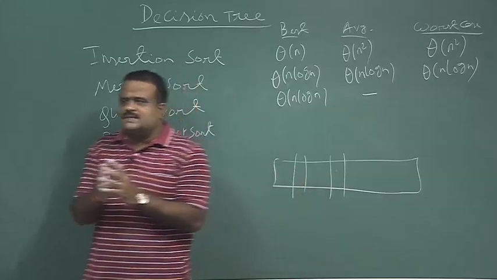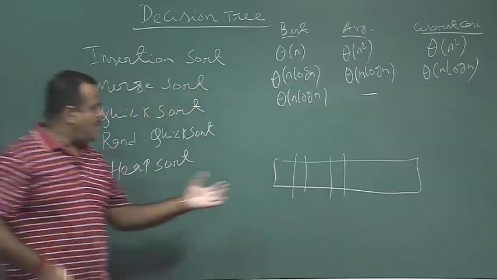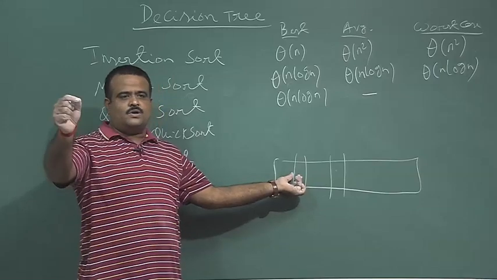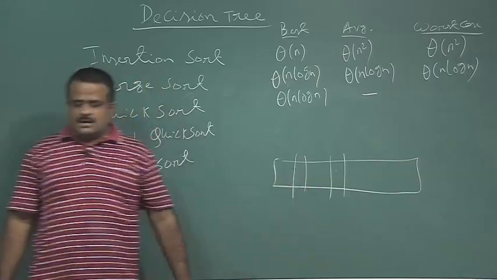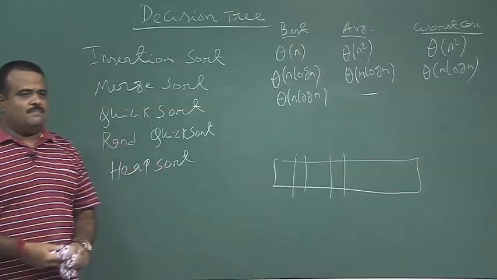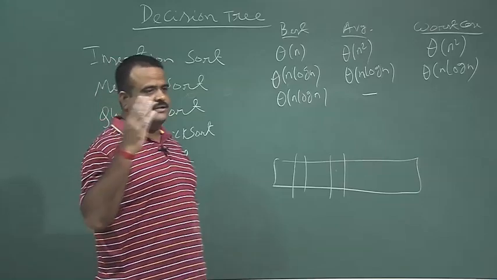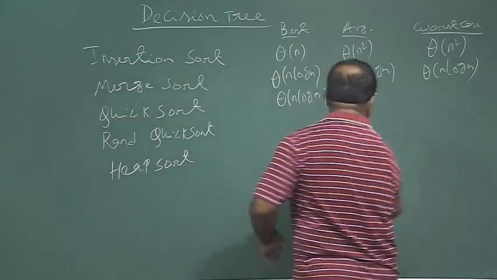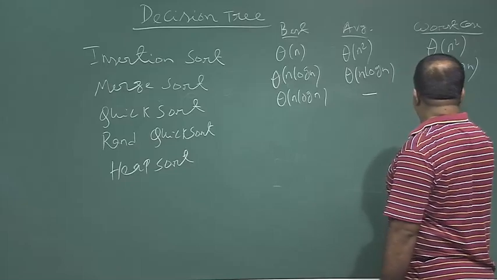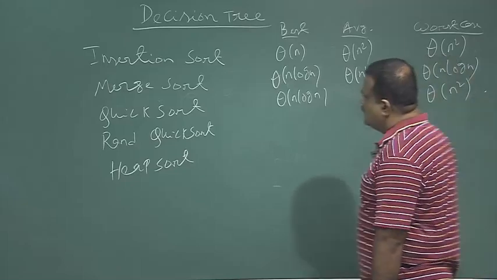So, one can easily construct an input where every time the pivot will be the minimum one. So, then our partition will be a bad partition, 0 to n minus 1. That is the worst case. That solution we know is n square.